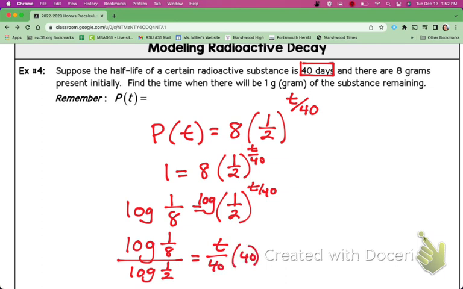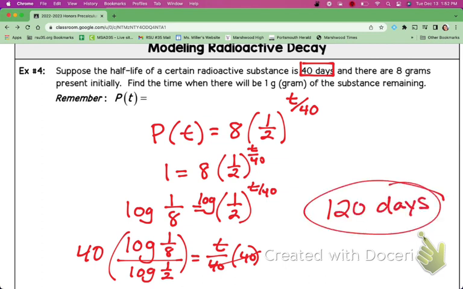So then I could just multiply by 40 on both sides. So I'm going to do all that on my calculator. Log of 1 divided by 8, divided by log of 1 divided by 2. Hit enter, multiply by 40. I get 120 days. That is when it would eventually get down to just 1 gram from 8, if it halves itself every 40 days. Okay? All right.